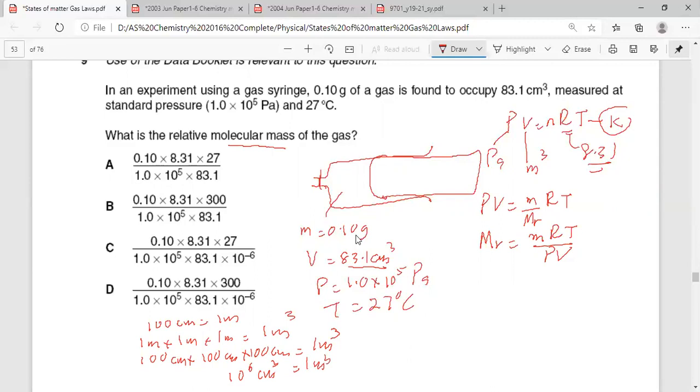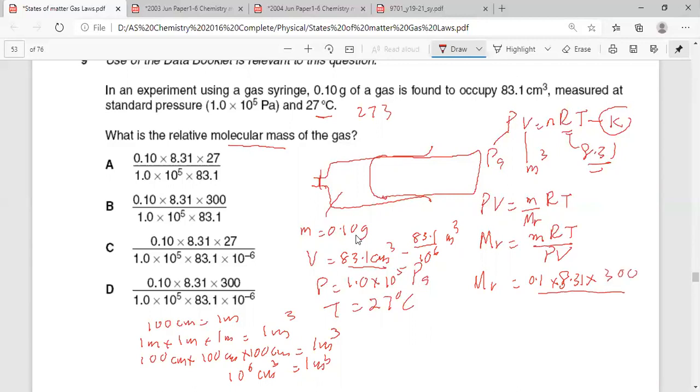To change this to meter cube, it's 83.1 divided by 10 to the power of 6 meter cube. So Mr equals mass, 0.1, times R, 8.31 from the data book, times T, which is 27 plus 273. So how much? 300.